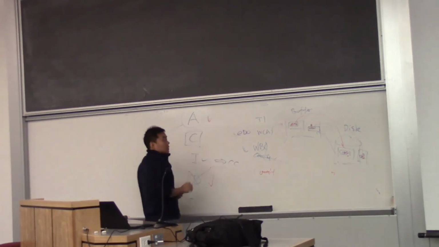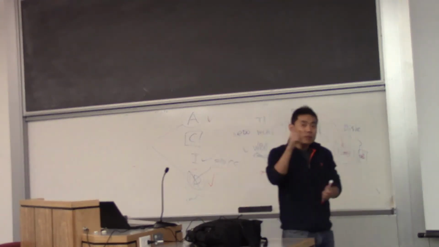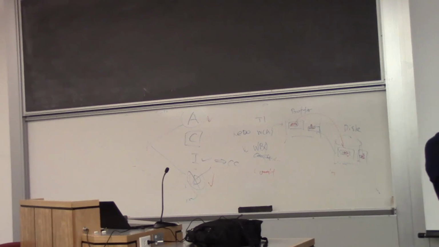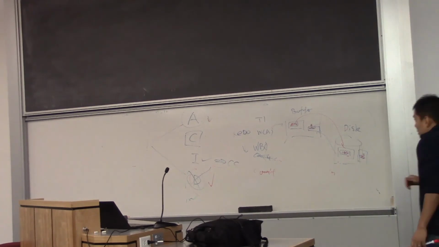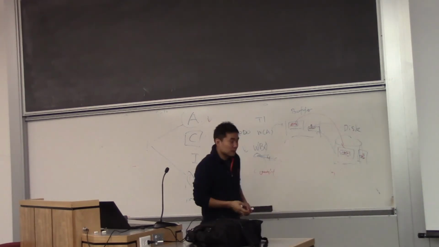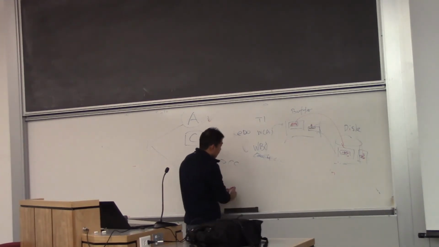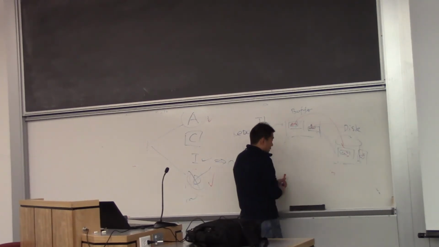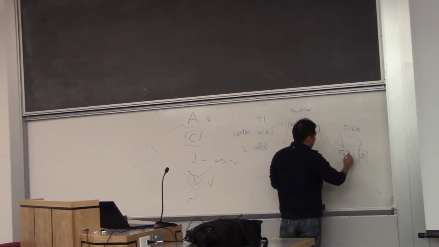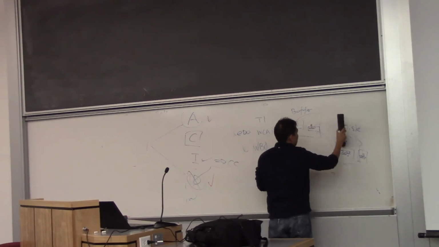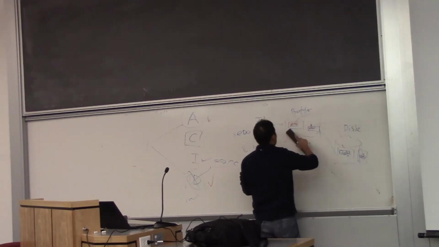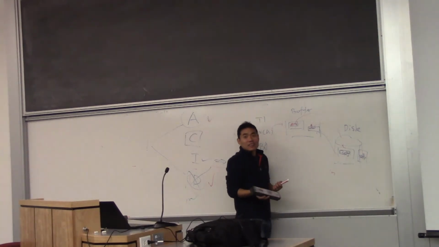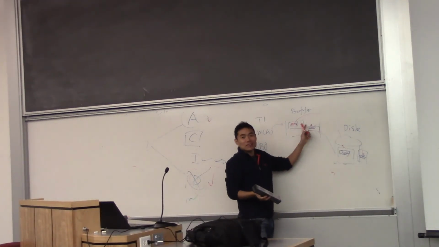What about atomicity? Atomicity is somewhat the exact opposite of durability. What atomicity says is that if I abort, let me go back to this picture here. I wish I could undo what I did just now using a transaction.